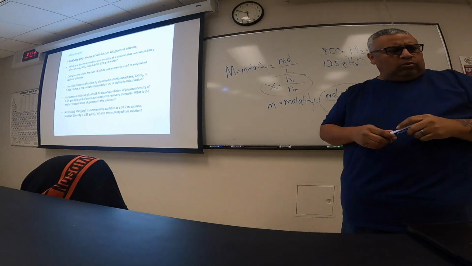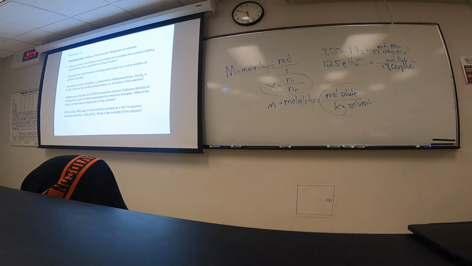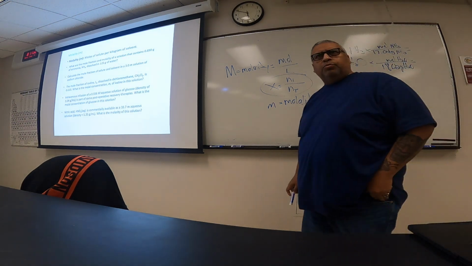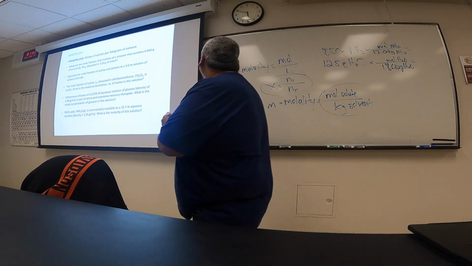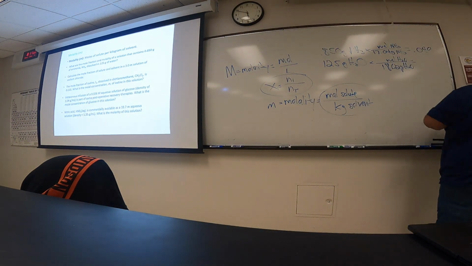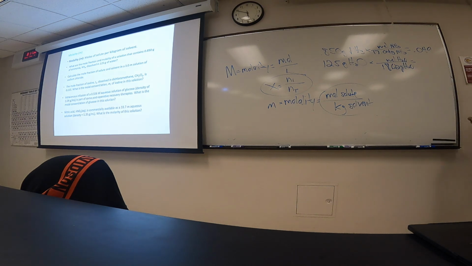Let's determine what those moles are. Please have your calculators out. We've got plenty of calculations today. So how many moles of ammonia do we have? 0.499. And how many moles of water do we have?